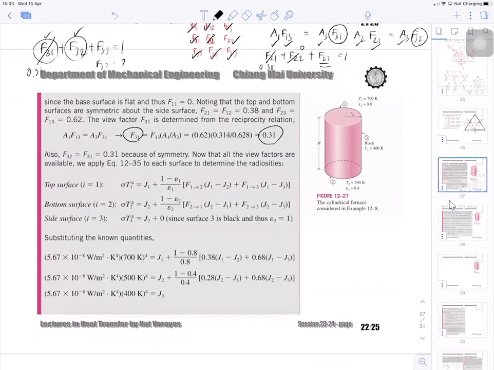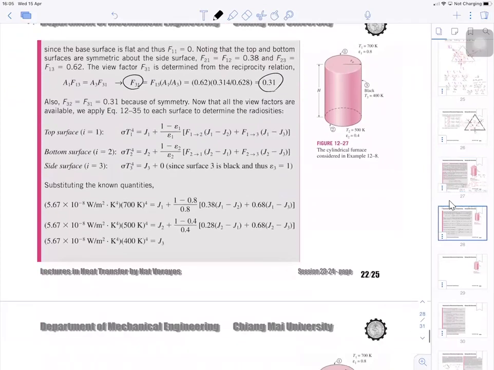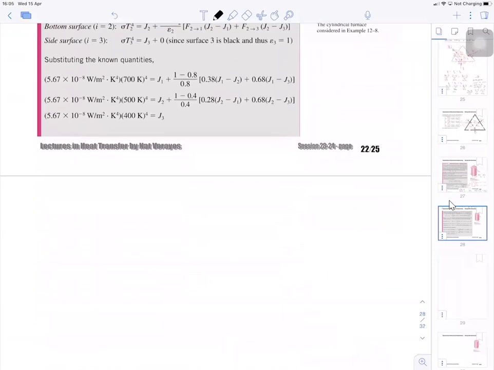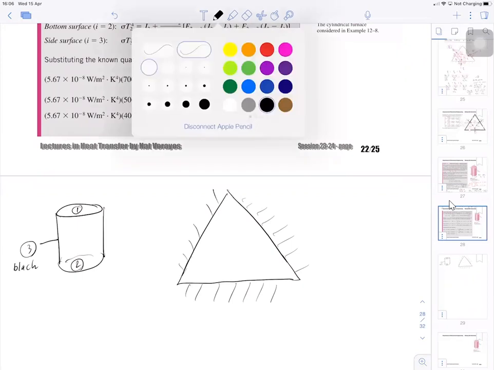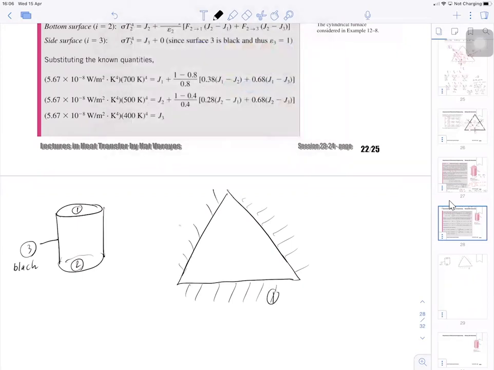So on the top surface, let me add the pages. Right now you can represent this surface. This is surface 1, this is surface 2, this is surface 3. You can always represent 3 surfaces as the enclosure. Take a note that surface 3 is black. Surface 1 is already here, surface 2 is already here, surface 3 is here.